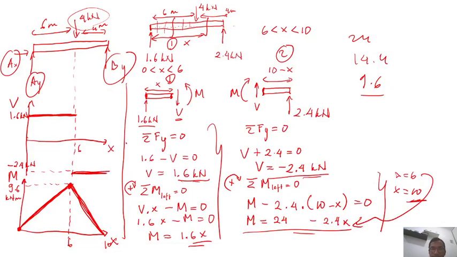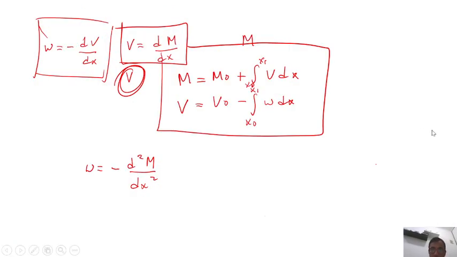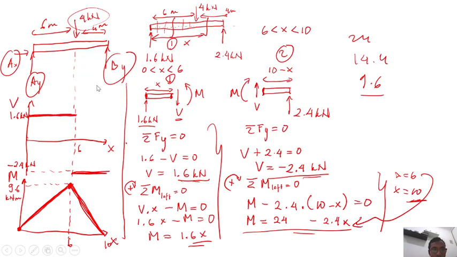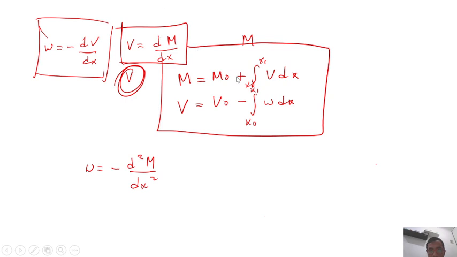For example, just now we do it this way, right? For m, we're supposed to know the v first, because there is no w in our case here. What we can do is we have to find the v distribution first.